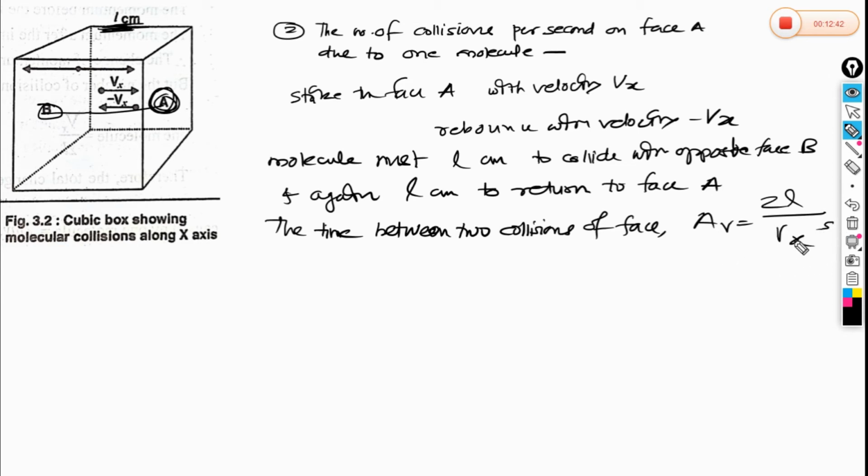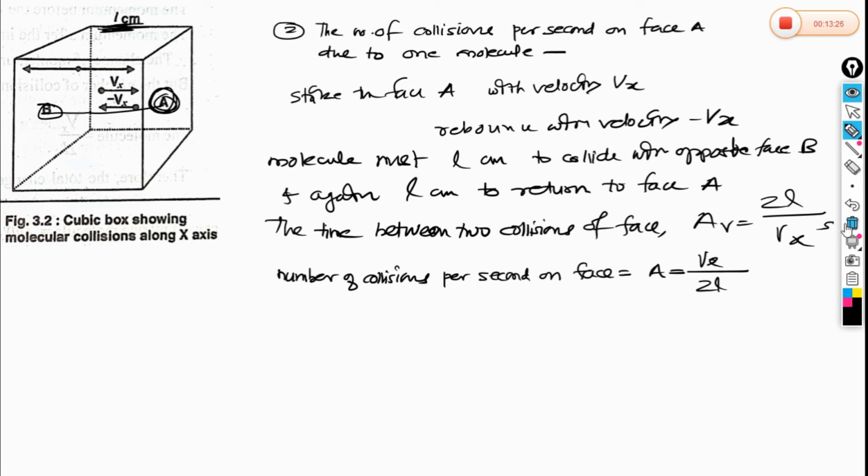And the number of collisions per second on face A is equal to Vx divided by 2L. Okay, so I hope all of you have understood this. So keep this image in your mind, this box and these molecules with velocities and length of the box.